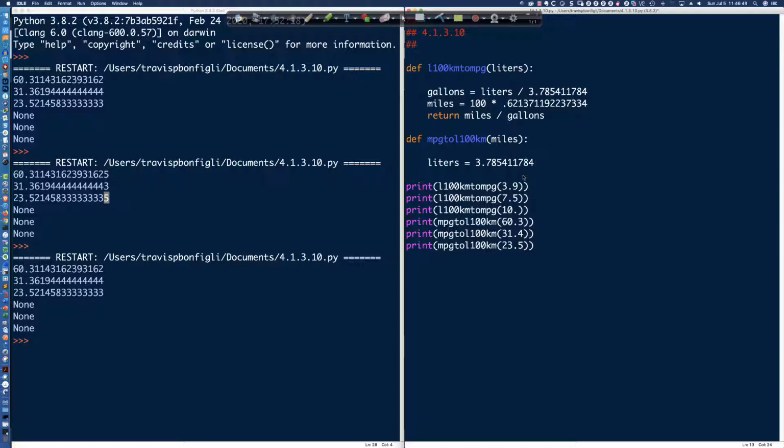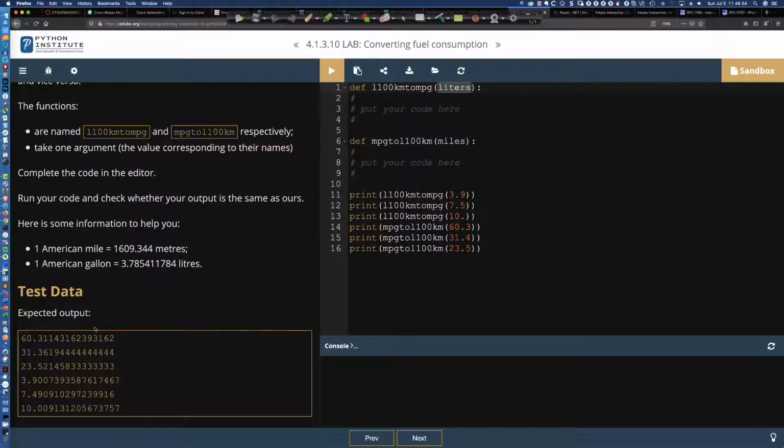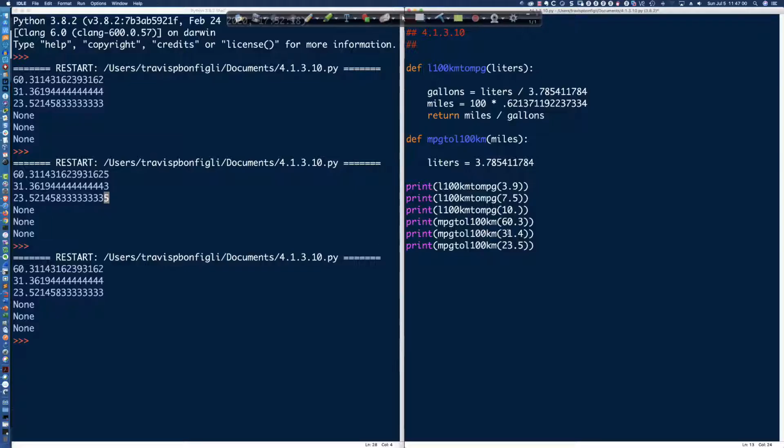So if it's 60.3 miles, we know that we're going to set liters to 3.785 because 3.785 liters is 1 gallon. And so we're passing in 60.3. We hard code liters to be equivalent to a single gallon, and then kilometers is going to be the miles that gets passed in multiplied by the value that I'm going to use here.